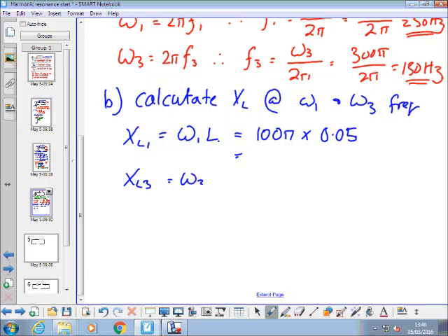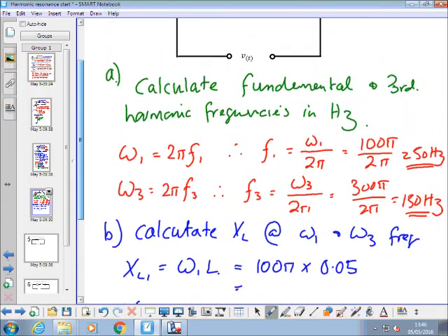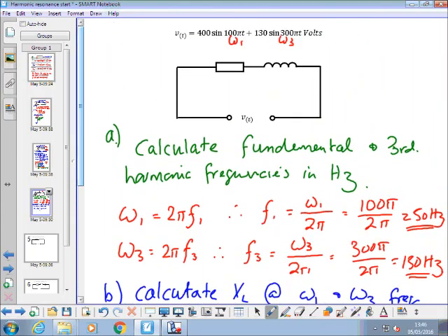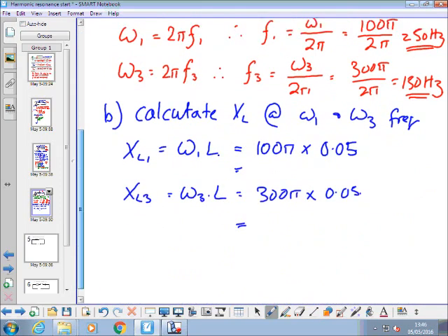And XL3 is omega 3 times L, 300 pi times 0.05. And the resistance is 1.5 ohms.